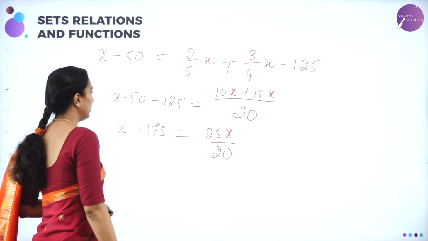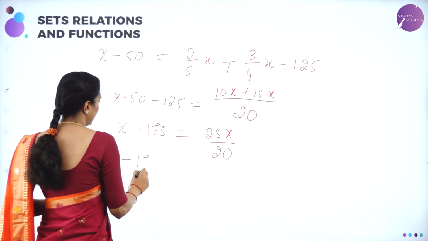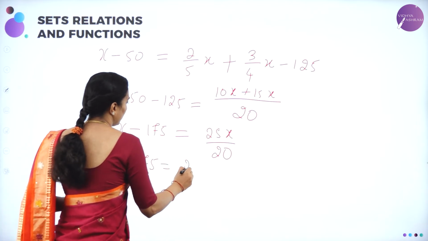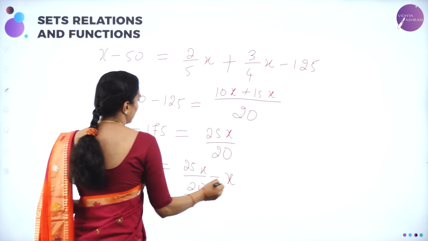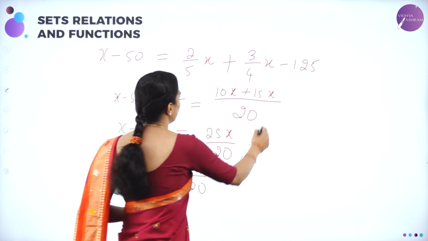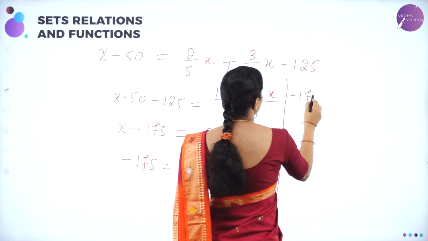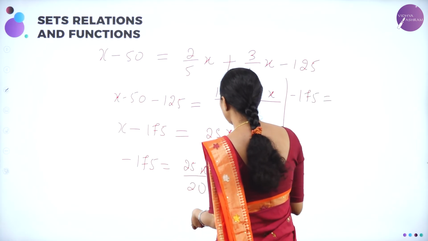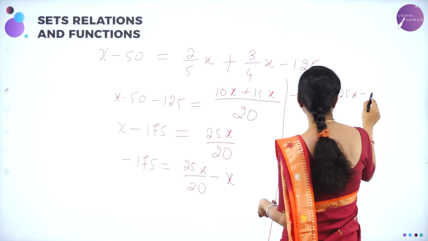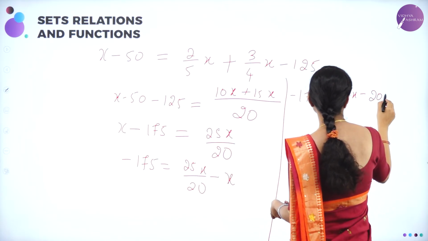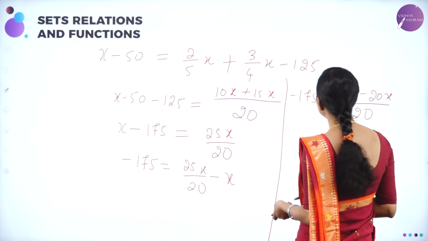Take all the x terms to that side. It will be minus 175 is equal to 25x divided by 20 minus x. Take 20 as the LCM. So you are going to get the answer here: minus 175 as it is, which will be equal to 25x minus 20x, divided by 20, cross multiply.